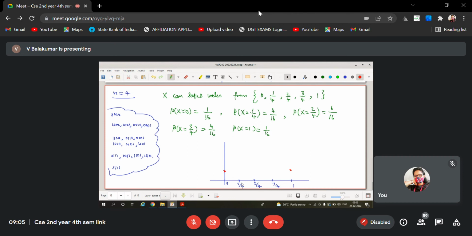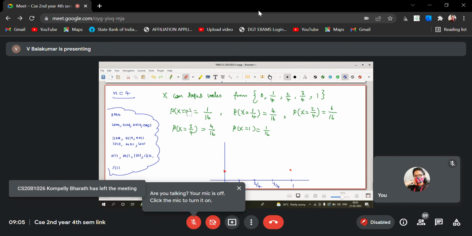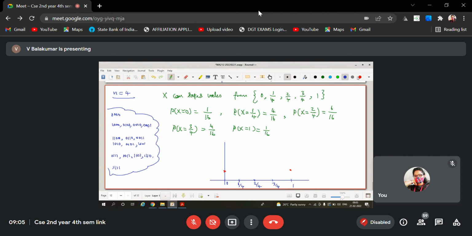For 2 by 4 and 1 by 4, they look similar. For 1 by 4 and 3 by 4, it is 4 by 16. For 2 by 4, it is 6 by 16.